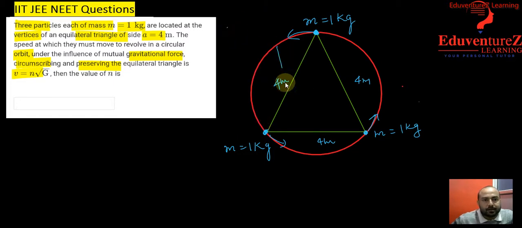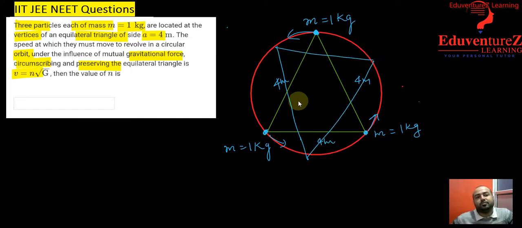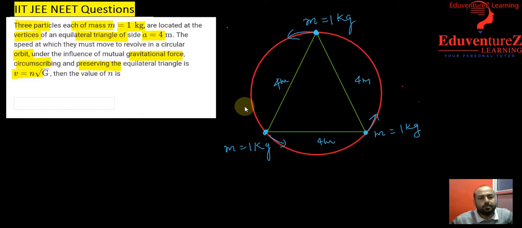The particles will reach this position, and then after that the shape will be like this. This goes on, the path is circular for the particles.